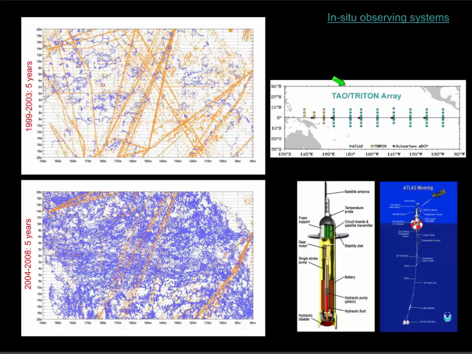And very important data collection activity that I wanted to tell you about is this TAO/TRITON array. These are permanent buoys that were put at different locations along the equator in the Pacific Ocean, and a buoy looks like this. It has a string attached to it. It's anchored at the bottom, and it goes down to 2,000 meters, and it takes measurements all the time, every minute, say.